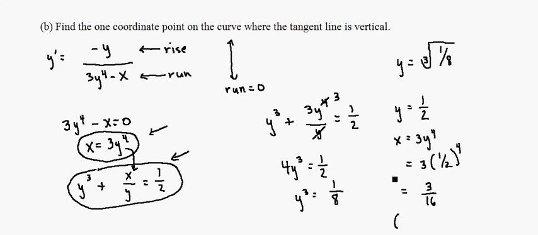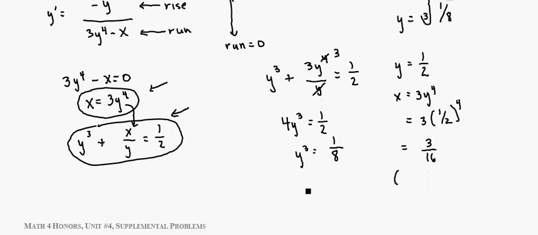So at the end of the day, let me make sure that we don't lose my final answer. At the coordinate point 3/16, 1/2, we've got ourselves a vertical tangent line.